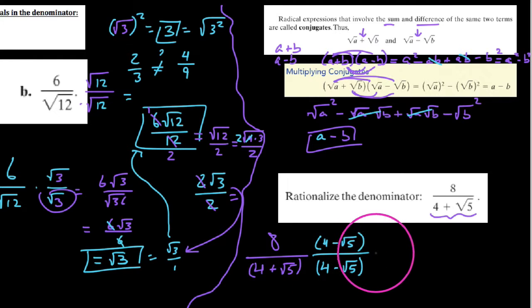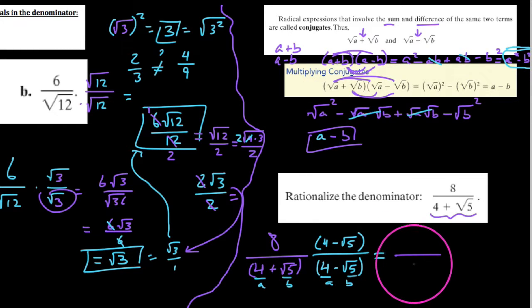Now, with respect to the bottom, when you FOIL this out, what I want you to recognize is that you're going to end up with a difference of squares. So we'd say if this is like our a term, and this is like our b term here, we have a, b, a, b. When you talk about what you end up with over here, you're going to end up with a squared minus b squared. So in this case, we get 4 times 4 is 16.